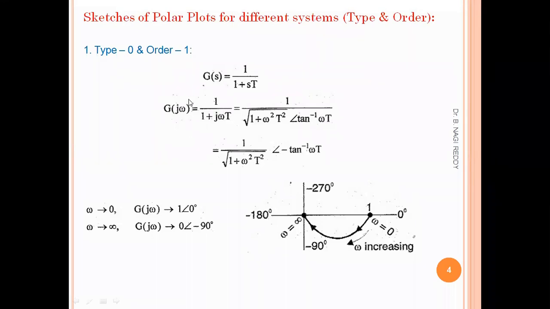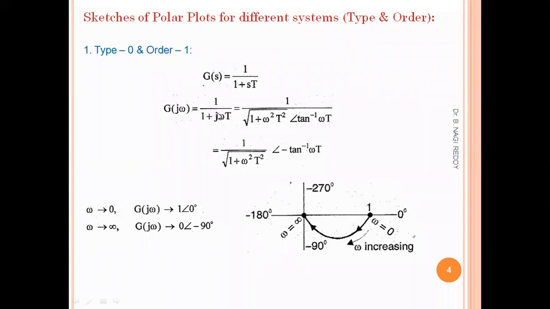So you can see this system is in the frequency domain, but this is a complex number. So in order to draw the polar plot, we have to calculate the magnitude as well as the phase angle, right? We know how to calculate the magnitude.